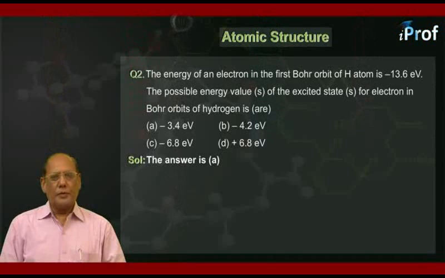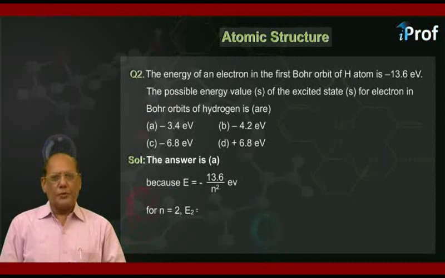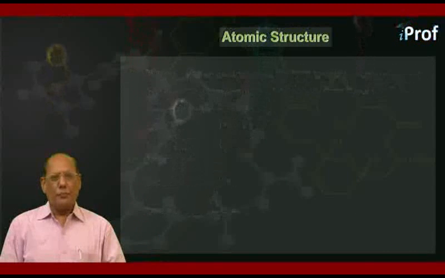The answer is A, because E is equal to minus 13.6 upon n square electron volt. Therefore, for n equal to 2, E2 is equal to minus 13.6 by 4, and that's equal to minus 3.4 electron volt.